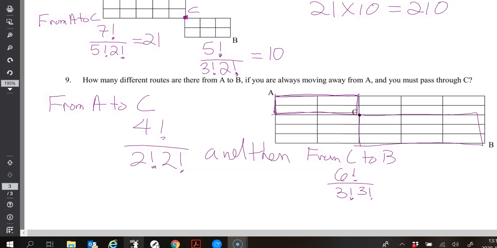Okay, which is, so that's what, 3? No, that's 6. This is 6. And this is 20.